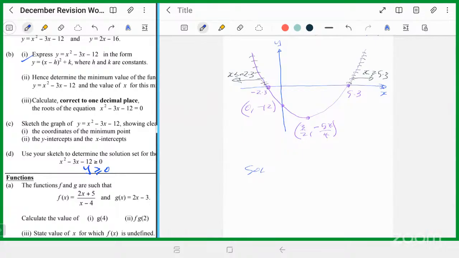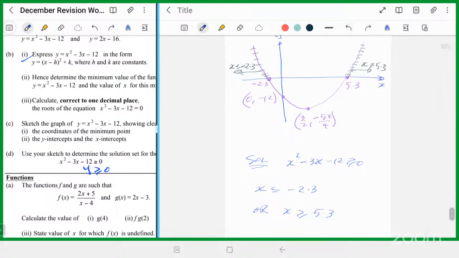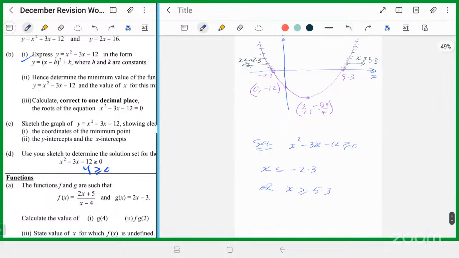The solution of x squared minus 3x minus 12 greater than or equal to 0 is x less than or equal to negative 2.3 or x greater than or equal to 5.3. Question 1 done.